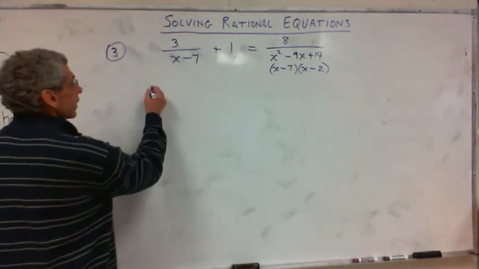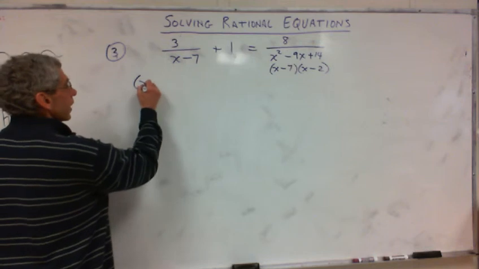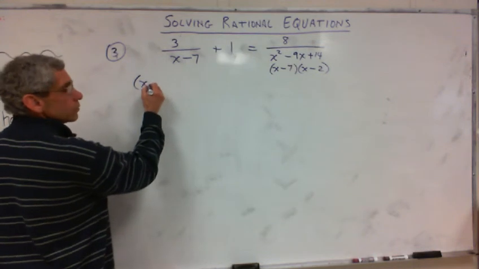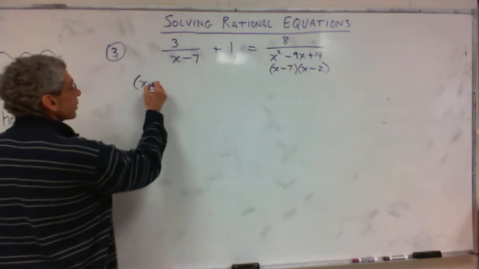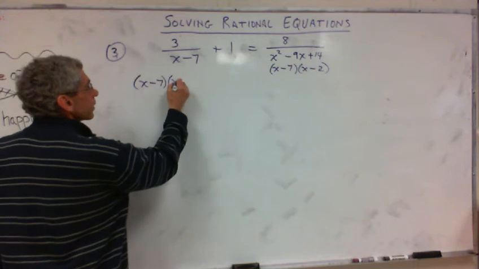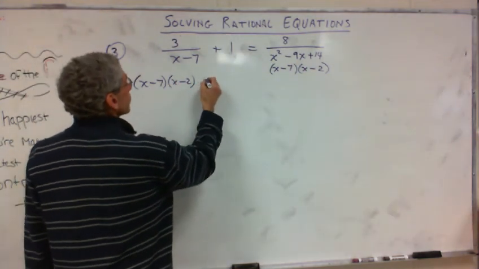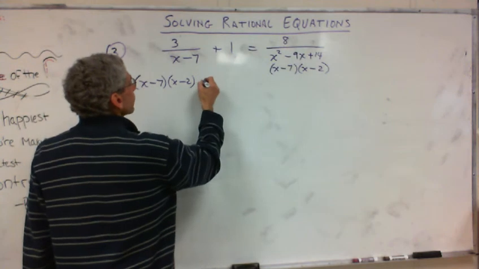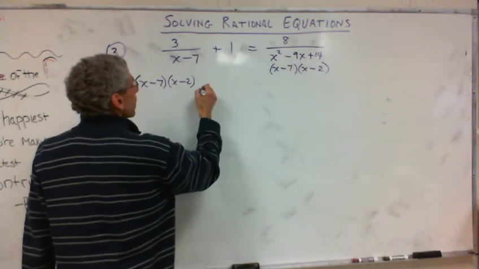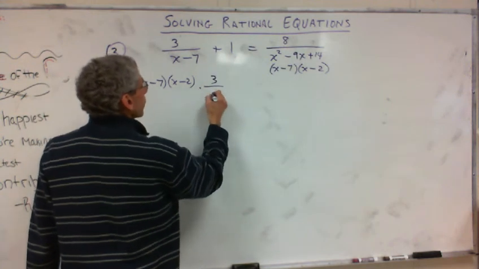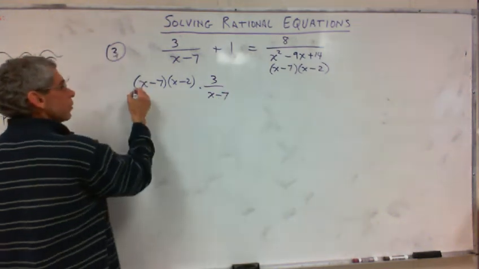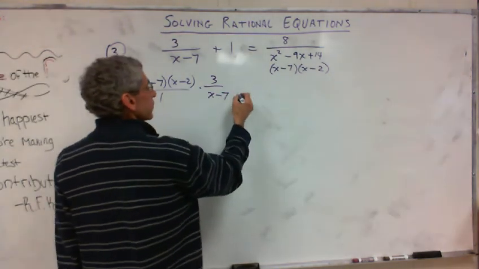Then I'm going to just rewrite it here. So we're going to do x plus 2, by the way, minus 2. Oh, yeah, because it's 9. So we've got x minus 7 times x minus 2, times 3 over x minus 7. If you want to put this over 1, you can, if that makes it easier for you.